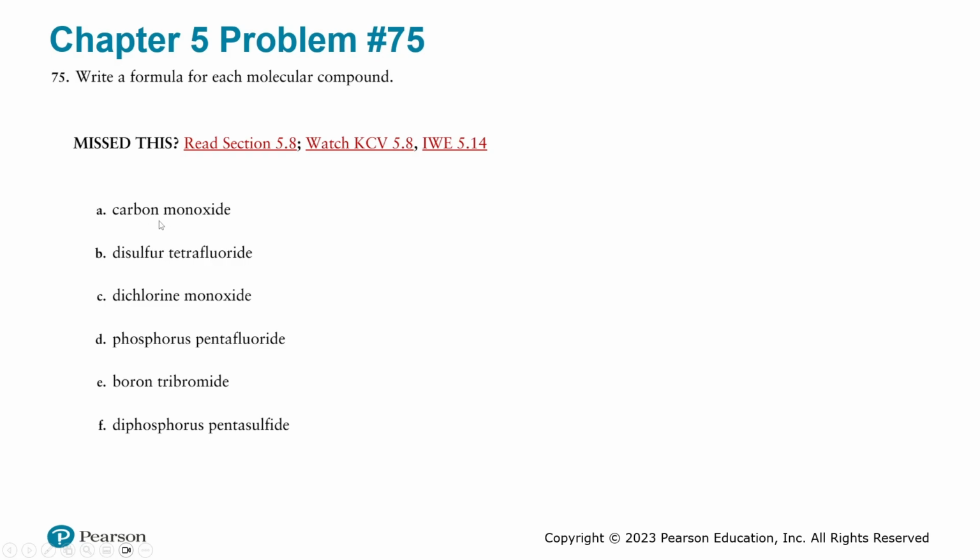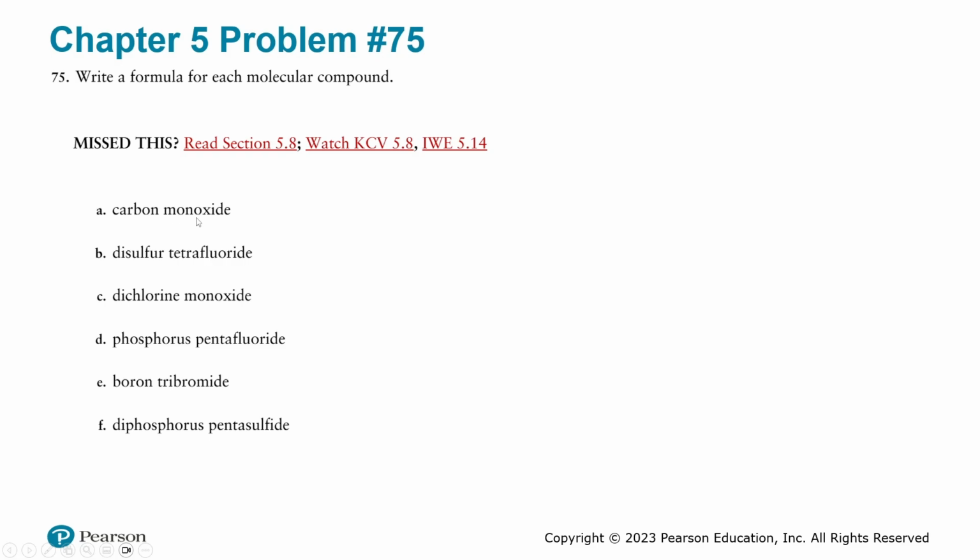So however many there are, you get a specific prefix. The first chemical, or the less electronegative chemical, doesn't get a prefix if there's only one of them. So if there's 1 carbon, we don't say monocarbon. However, if we have 1 oxygen at the end, we do say monoxide. So 1 carbon, 1 oxygen.